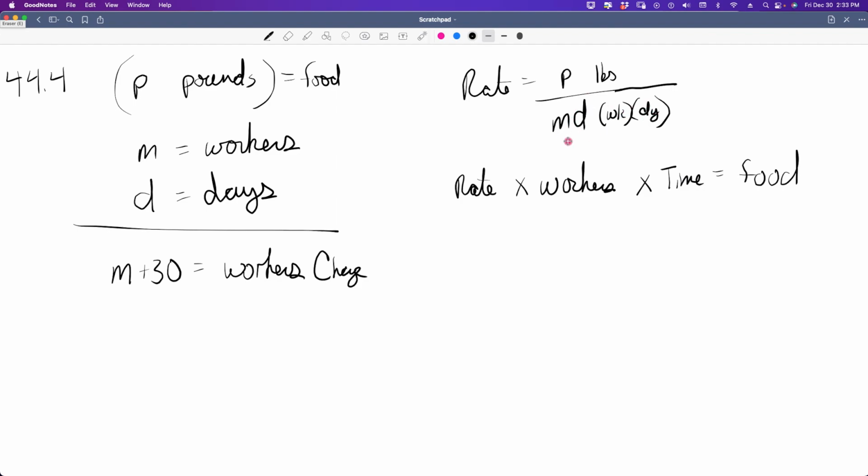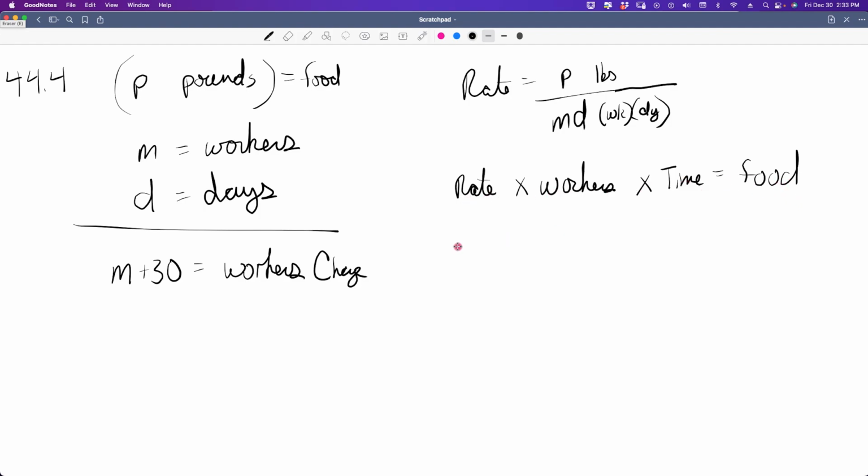Yeah, because that's what we figured out up here. The number of workers times the number of days is going to give us the amount of food we have, but the rate at which they consume it is important too. So we have to put that rate in there so that this is a true equation.